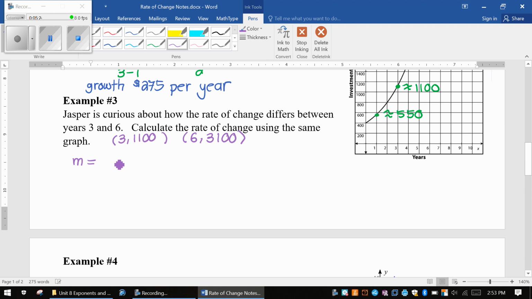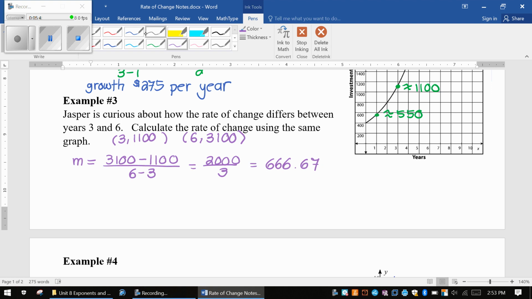All right, so here we go. 3,100 minus 1,100 all over 6 minus 3. So 2,000 over 3 equals 666.67 when you round that.